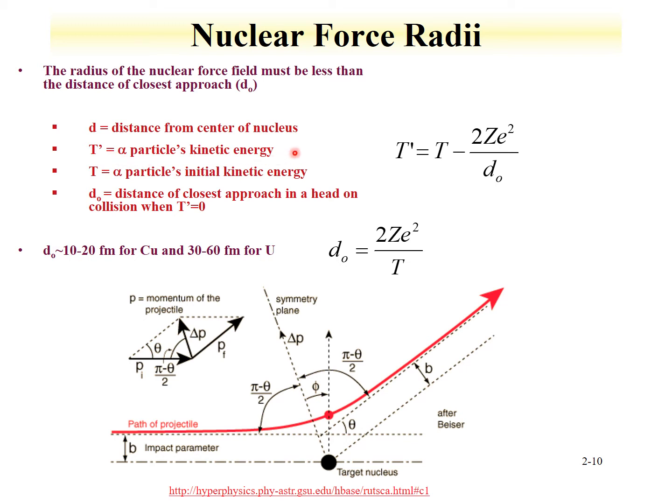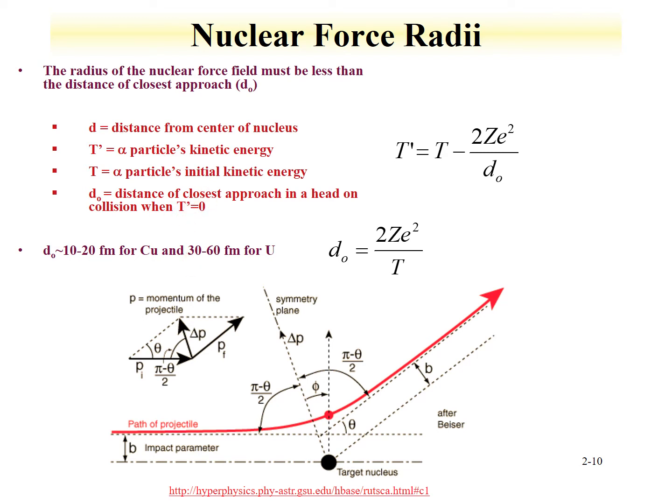I've got the particle's kinetic energy after the interaction, and the particle's kinetic energy before the interaction. And what I actually want to get is the distance of closest approach, which is head-on, and it's a collision. So the particle's kinetic energy afterwards is equal to 0.